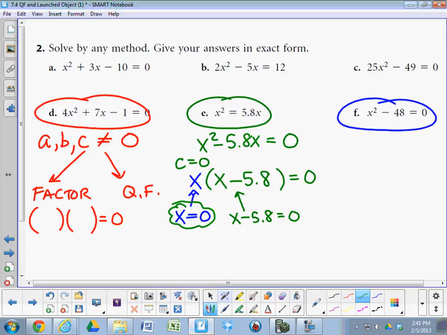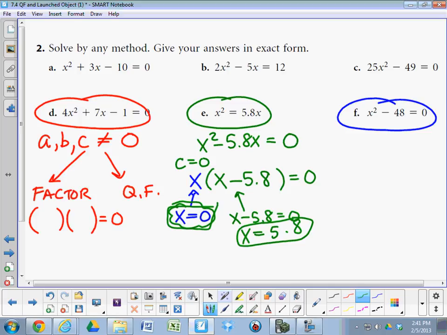The other solution will come from solving this by adding 5.8 to both sides. When you add 5.8, you get x equals 5.8. Those are the 2 solutions for 2e. C was 0, so we just factor out an x and solve.